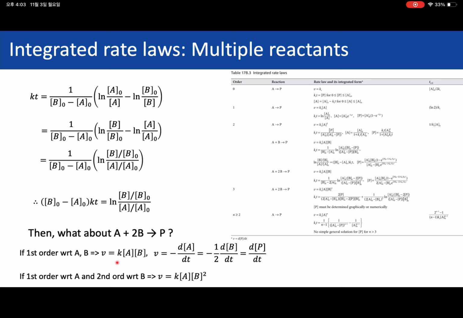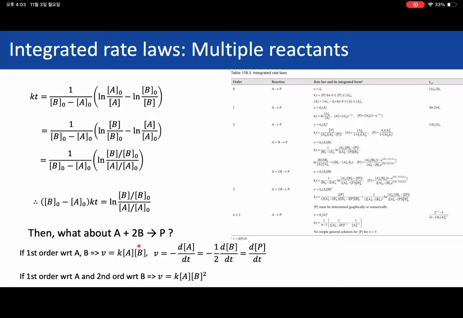So from this starting equation, following the steps that I just showed you, you can easily find the relation between the concentrations of A and B with respect to time. In your textbook there is a summary of the integrated rate laws, and we have just shown the A plus B case, which is here.